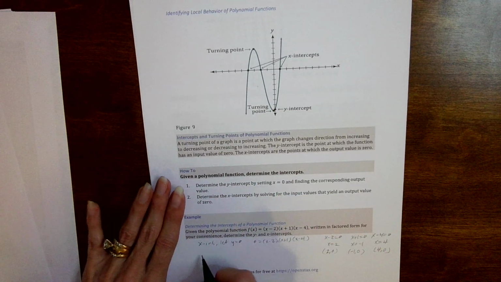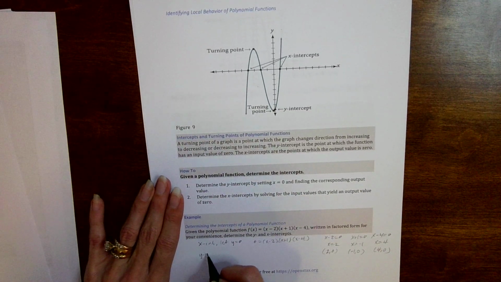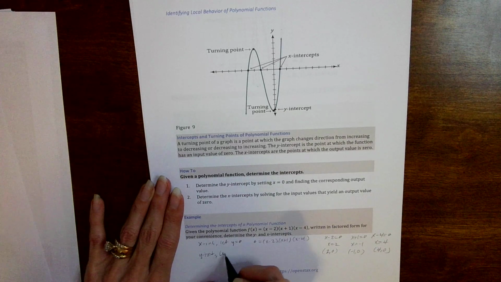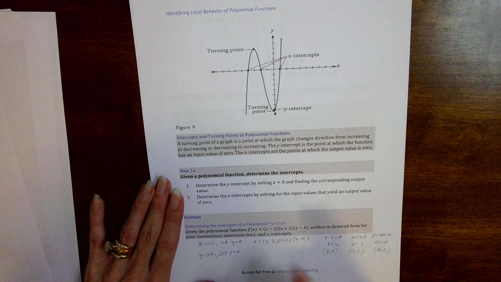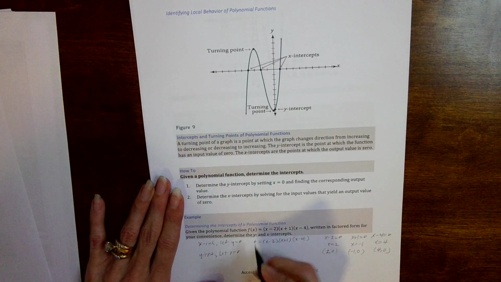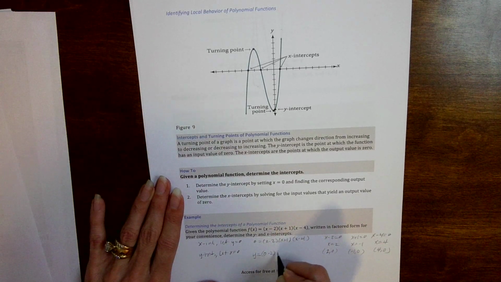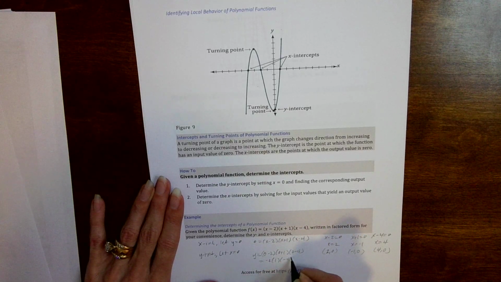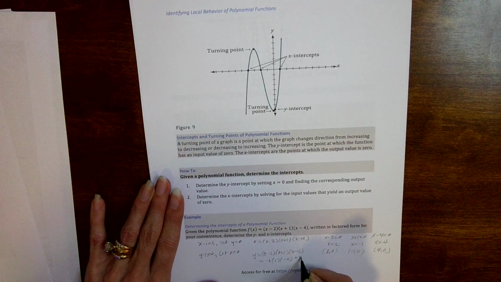And then for the y-intercept, we're going to let x equal 0. So I get y is equal to 0 minus 2 times 0 plus 1, 0 minus 4. So it's minus 2 times 1 times minus 4, and that gives me 8.